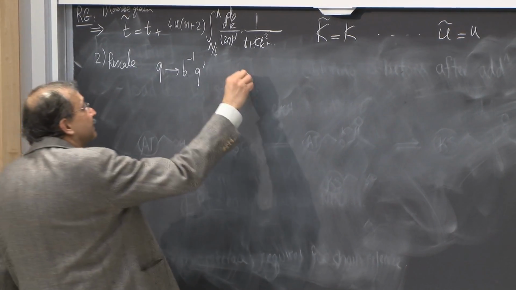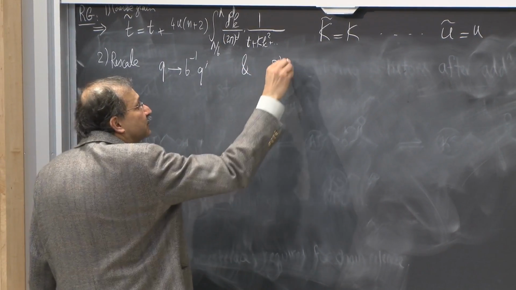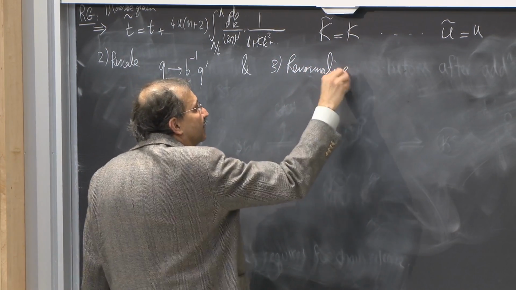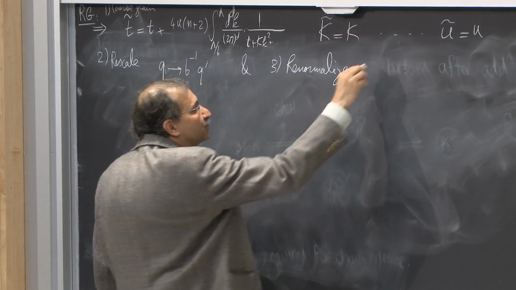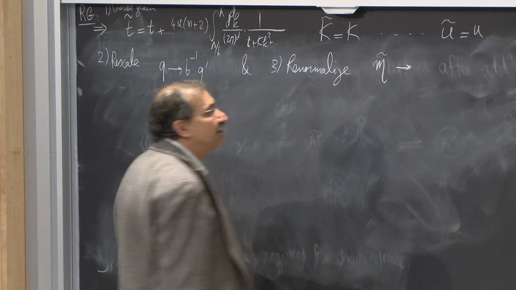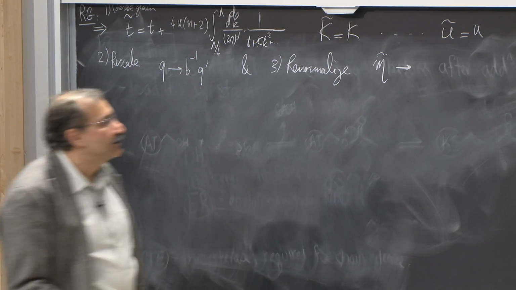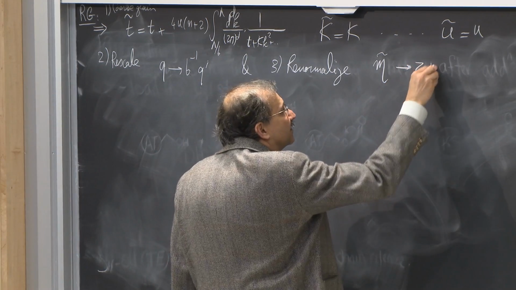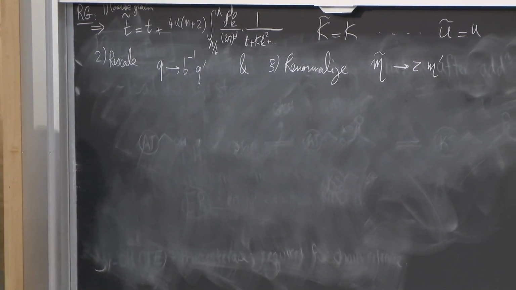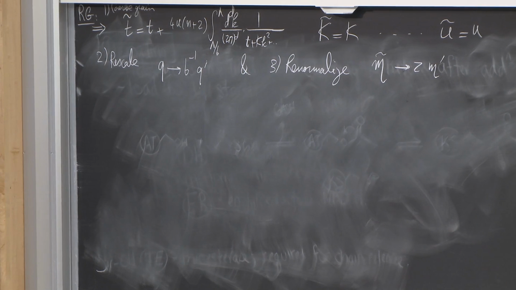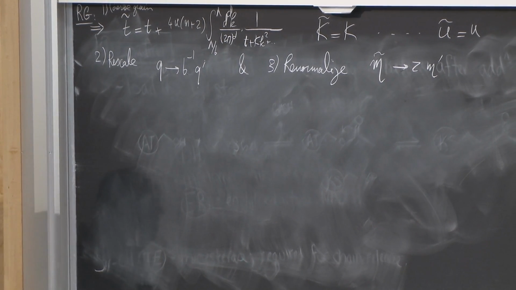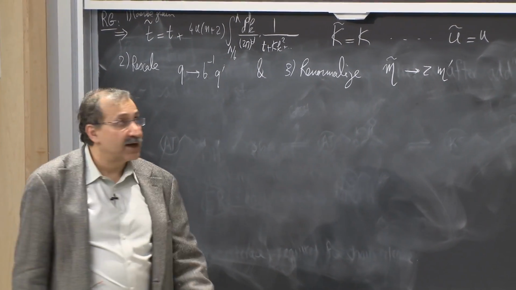And the next step was to renormalize, which amounted to replacing the field m tilde with a new field m prime after rescaling by a factor z to be determined. Okay? Now, this amounts to simple dimensional analysis.